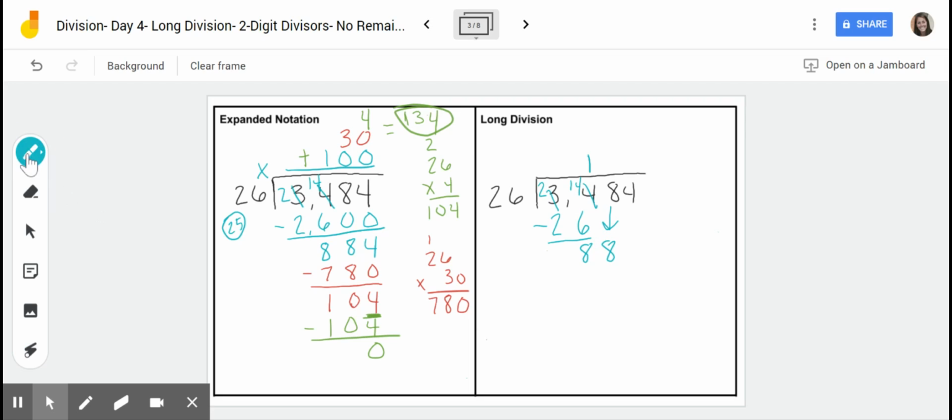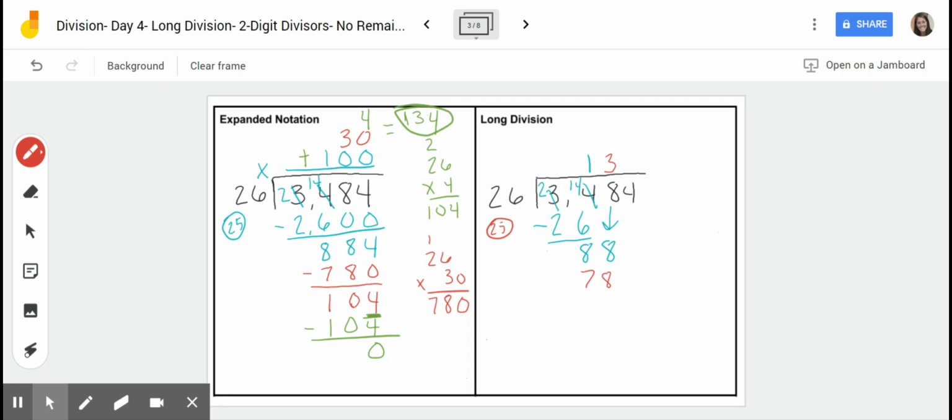All right, so next step, I'm repeating the process. I'm asking myself, how many times can 26 go into 88? I can think about 25 again to help me think through this. I know that 25 times 3 is 75, but this is not 25, it's 26, so I need 78.